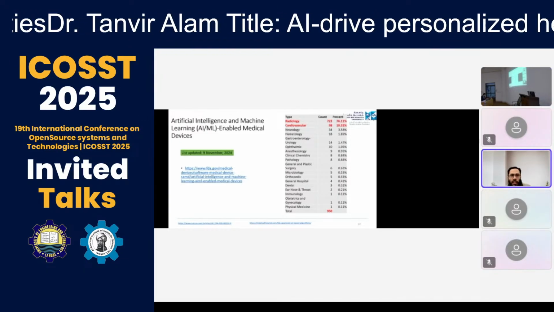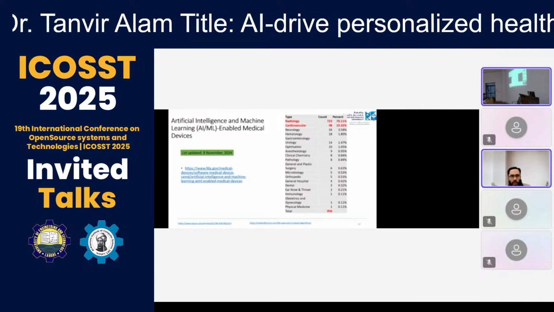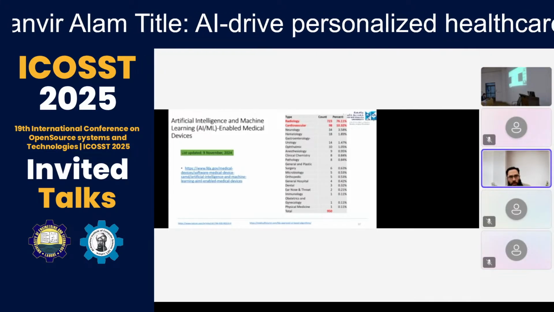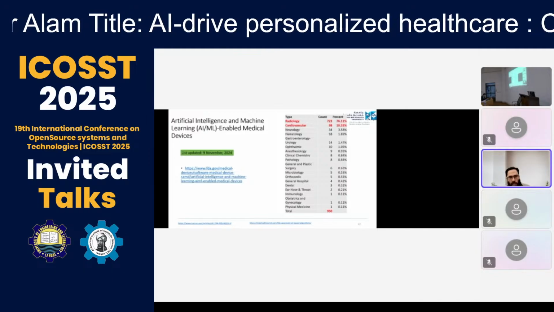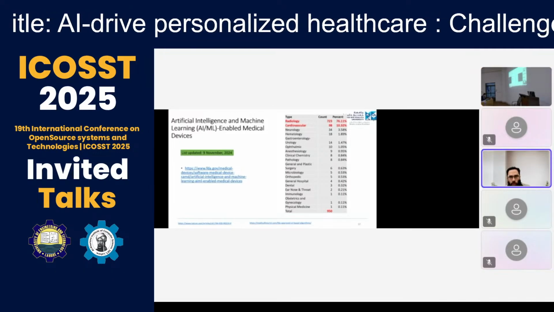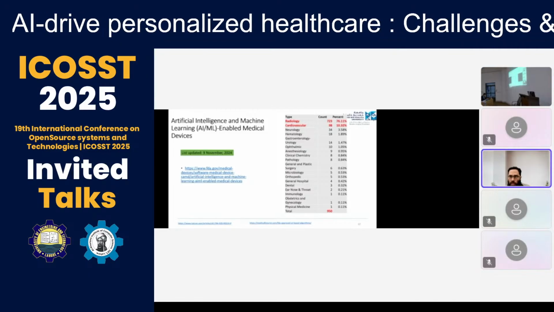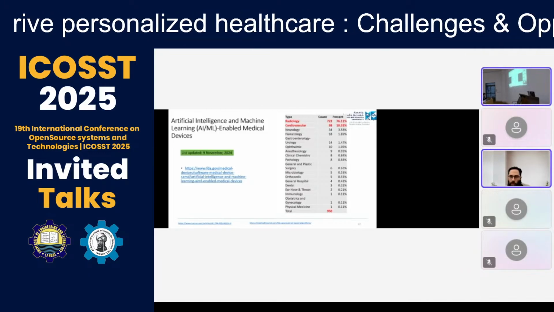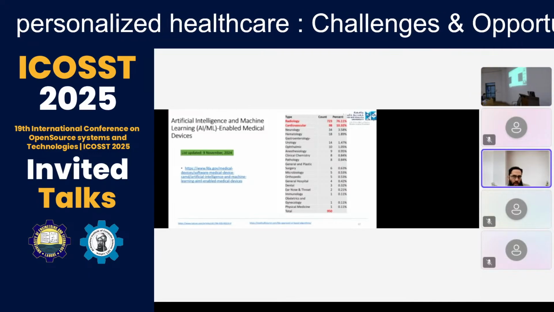statistics from last year. The list of AI or machine learning enabled medical devices that have been approved by the FDA, which is the American body for any type of medical devices or solutions.